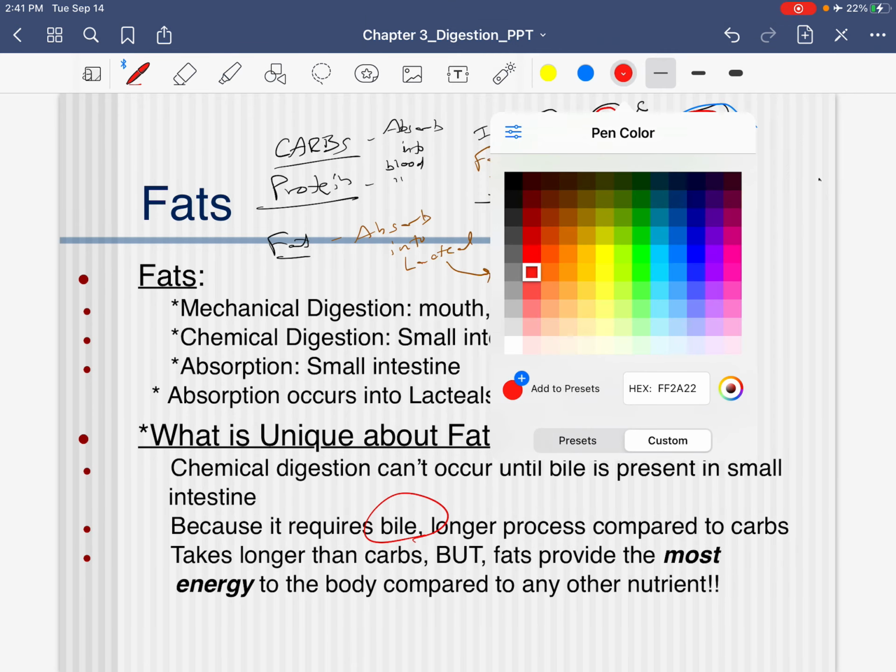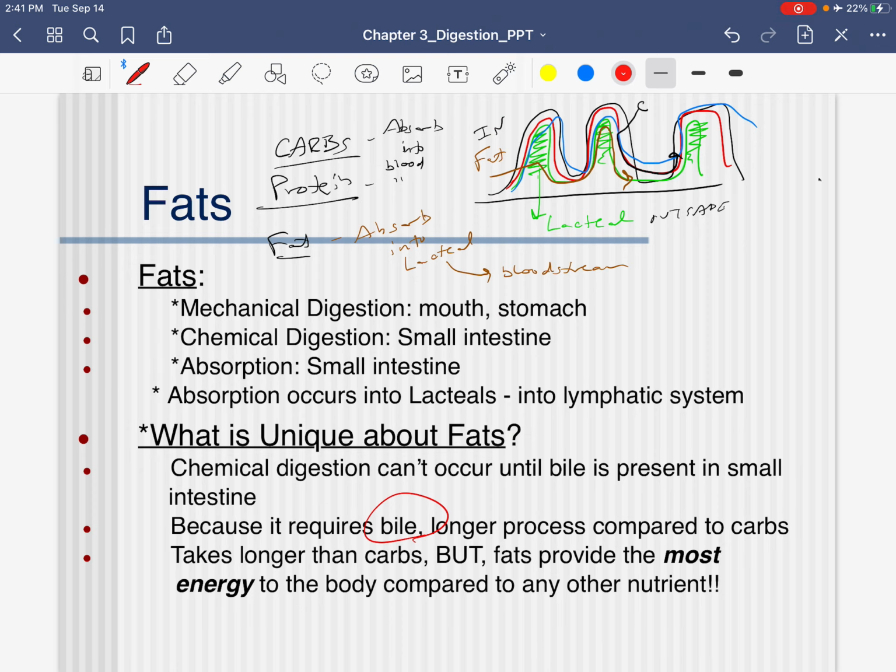So, something unique about fats. It is absorbed into the lacteals. That's different from carbs and protein, which are absorbed into the bloodstream. The lacteals will eventually lead to the bloodstream. It's just an added step.